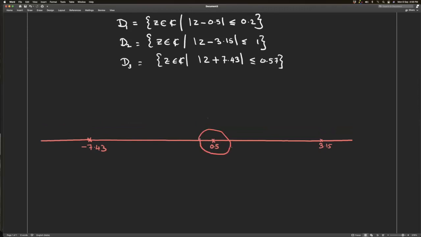The second disk is centered at 3.15 and the radius is 1, so it looks something like this. And the third disk is going to look bigger than the first one but smaller than the second one, right? So roughly they look like this.